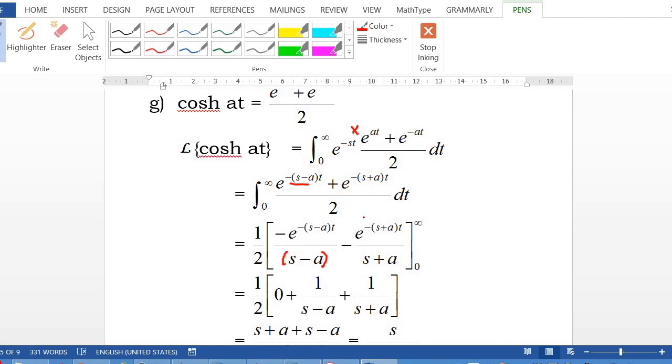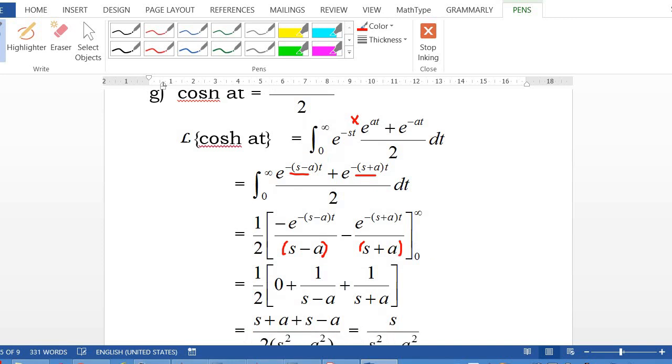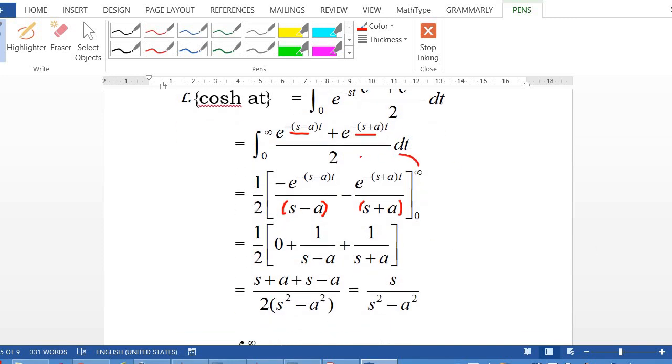For the second term, you divide by negative bracket s plus a. Substitute the upper limit, exponent negative s infinity is 0. This term also you get 0. That's why 0 here.